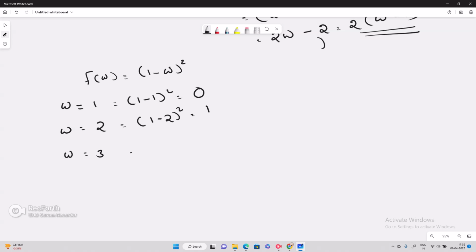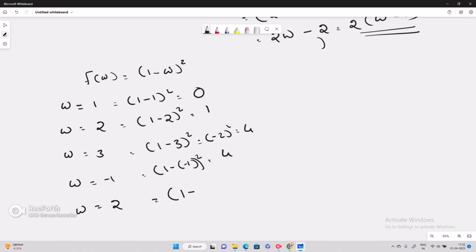Now W is equal to 3. Here this will be 1 minus 3 all squared, which is minus 2 all squared, equal to 4. Now consider W is equal to minus 1. So this will be 1 minus minus 1 all squared, which is 2 squared, equal to 4.